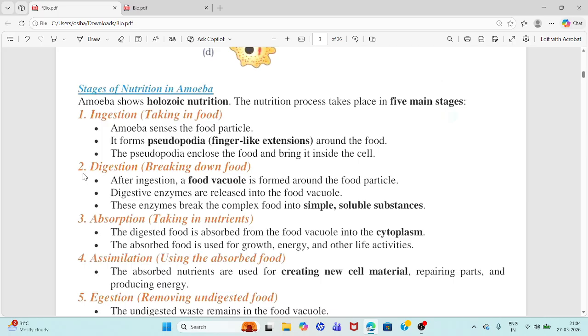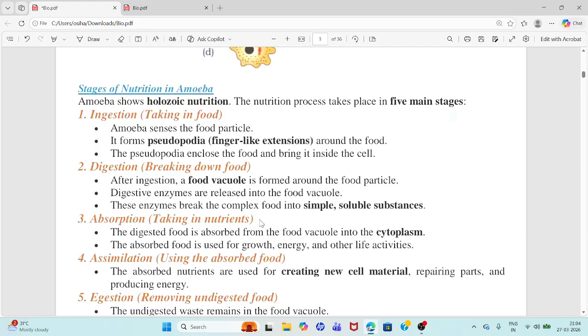Second stage, digestion, breaking down food. After ingestion, a food vacuole is formed around the food particle. Digestive enzymes are released into the vacuole.